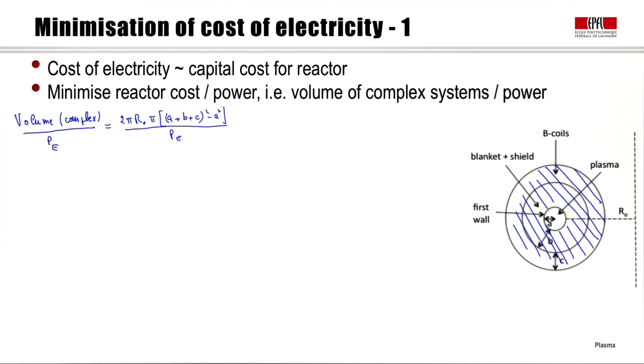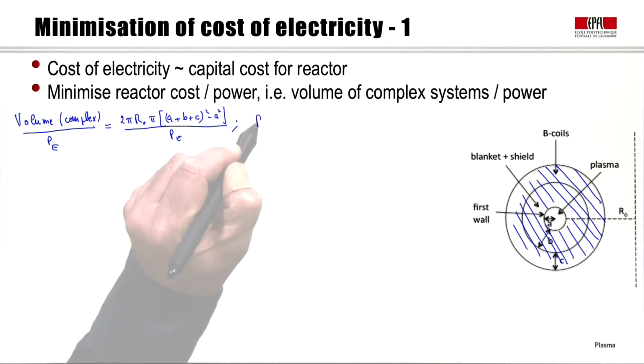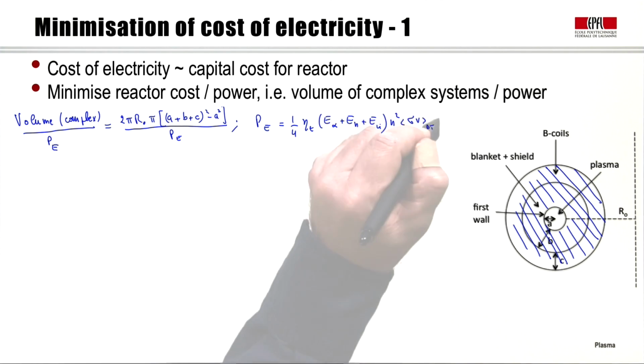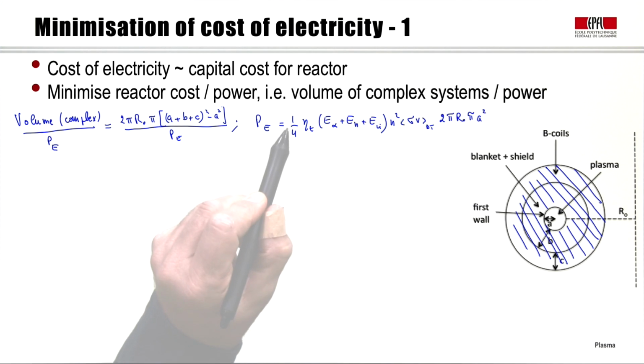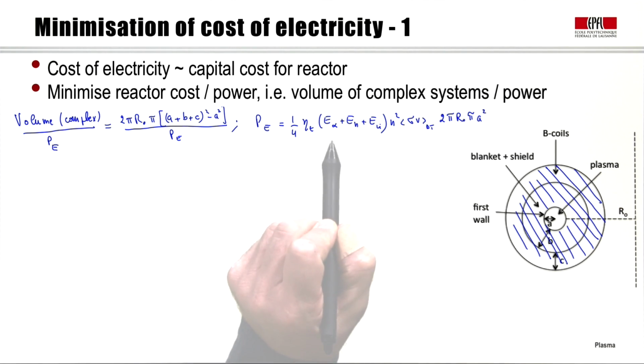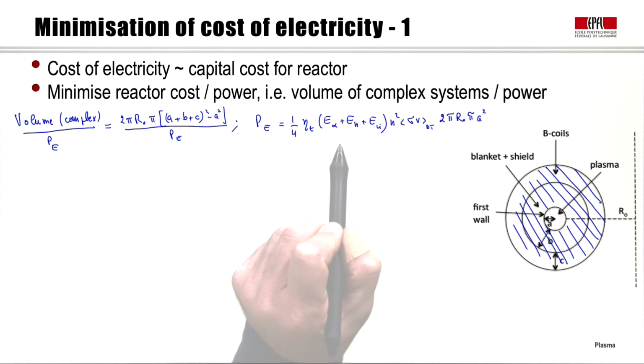So that's 2 pi r0, which is the circumference of the torus, times pi times (a plus b plus c) squared minus a squared. And of course we need to divide that by the electrical power produced by the reactor. And the electrical power is equal to 1/4 times the efficiency with which we transform fusion power into electricity times the energy produced in each reaction.